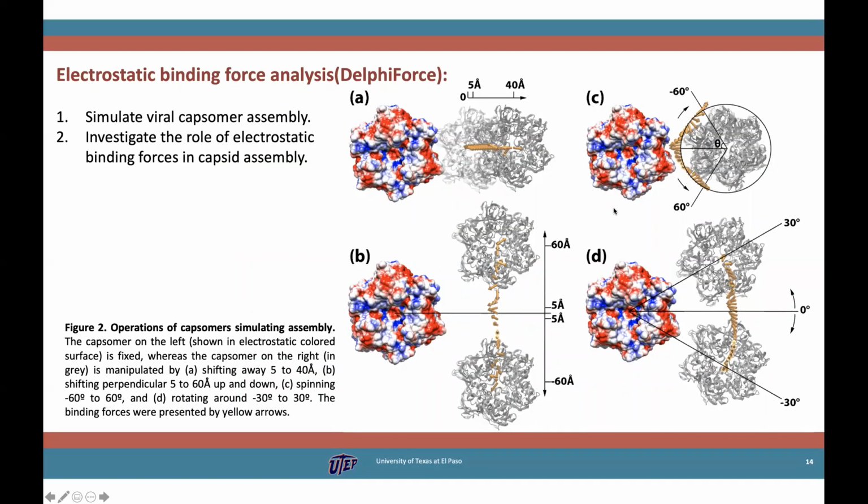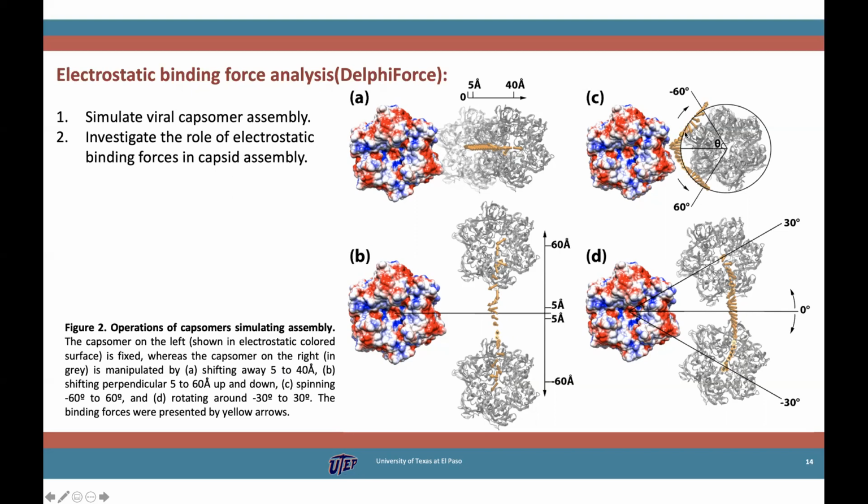Now let's see Delphi force. What we can do here is, let's say binding mode 1 means between capsomer A and B. If you fix B and move A, and then do the force calculation, you will see the electrostatic force is always attractive. If you rotate capsomer B, you will see at different angles the force becomes different.